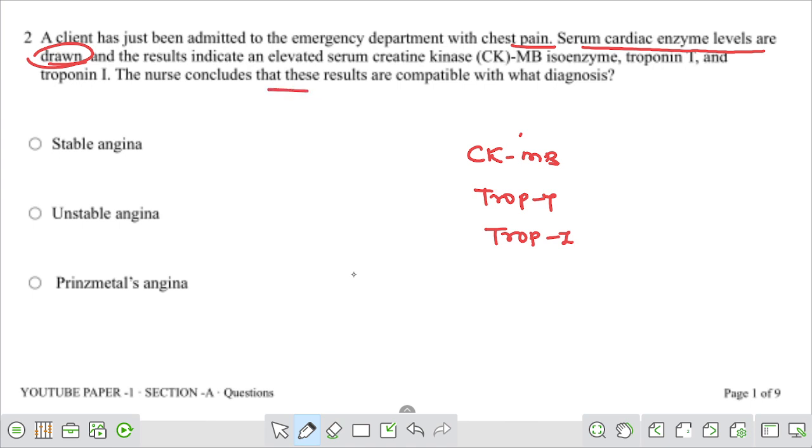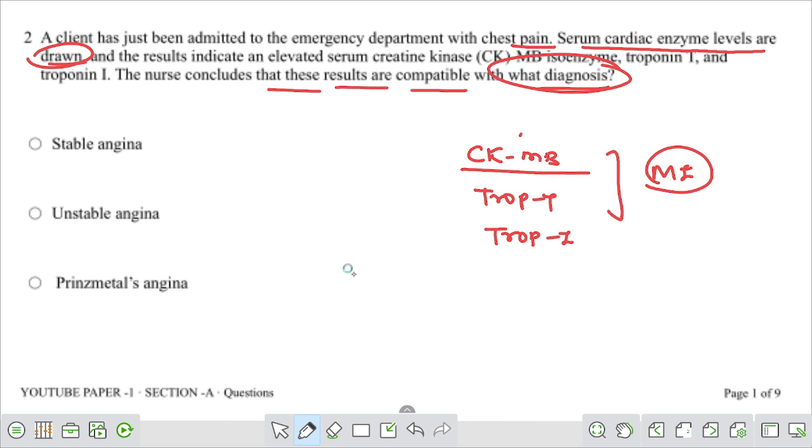The nurse concludes that these results are compatible with what diagnosis? Actually, all these criteria are checked in an MI patient, a myocardial infarction patient. In myocardial infarction, the levels of creatine kinase, troponin T, troponin I, and myoglobin markers are increased.